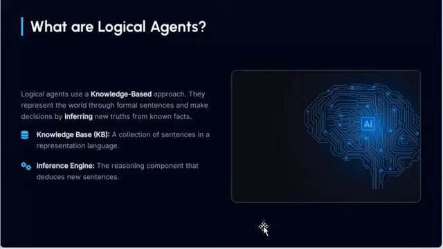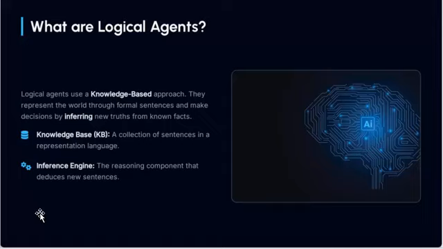So, the answer to this is that logical agents are AI systems that make decisions using knowledge and an inference engine. First of all, they store information in the knowledge base. Knowledge base is a collection of facts and rules in which the information is stored.